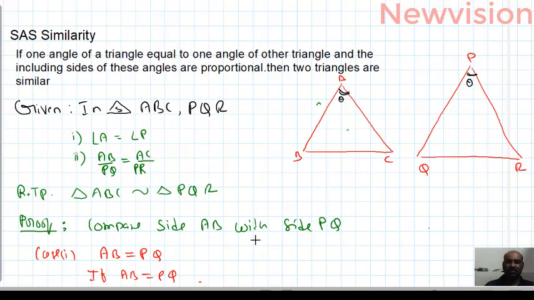Now see the diagram. We assumed that AB equals PQ. Automatically under this condition AC also equals PR. Already angle A equals angle P. So AB equals PQ, AC equals PR, angle A equals angle P means the two triangles are congruent from SAS congruency.